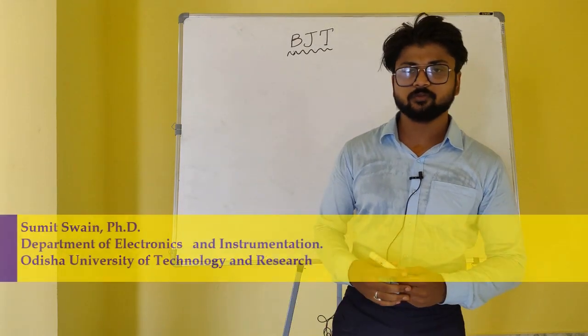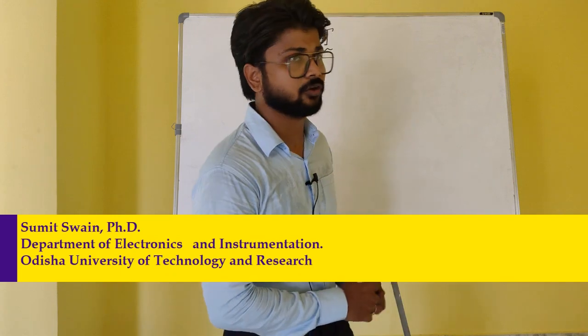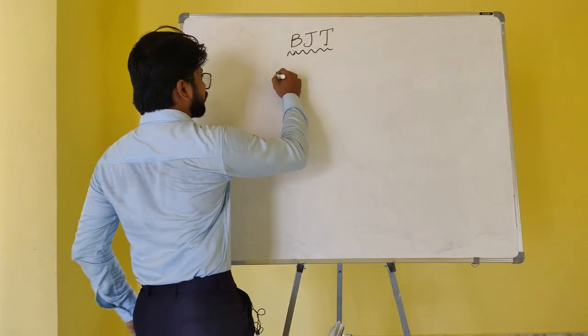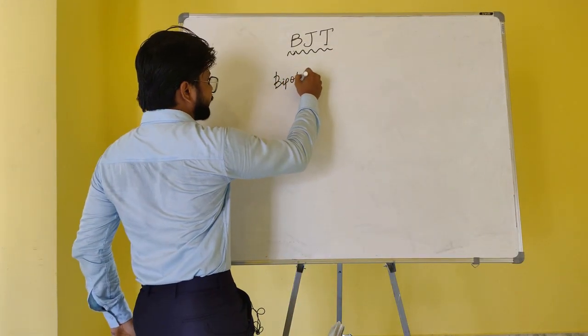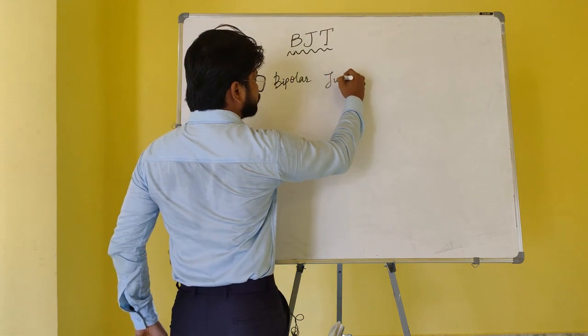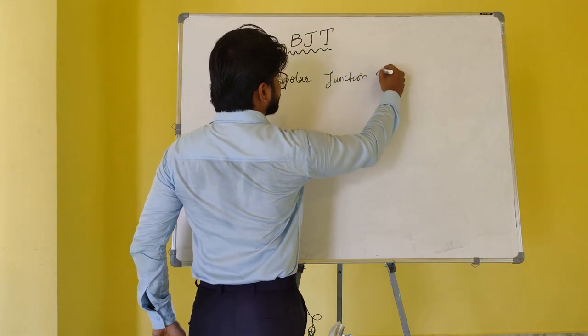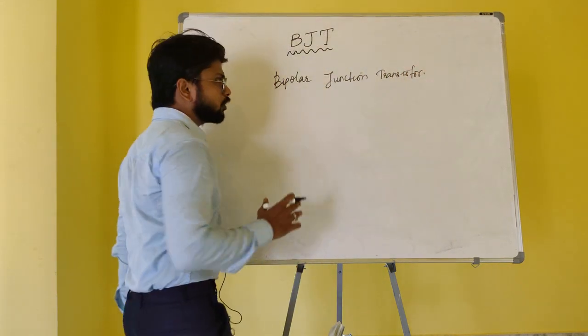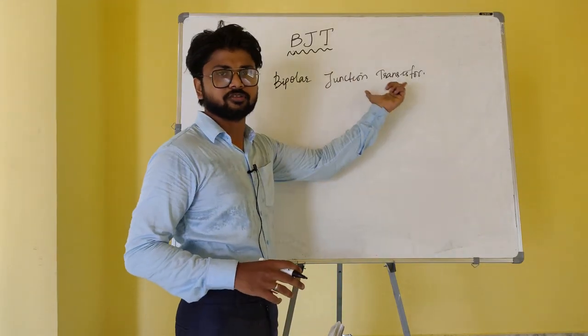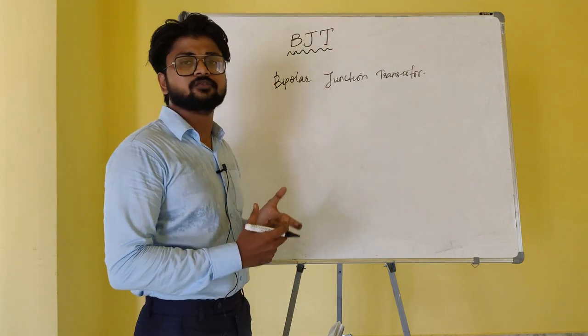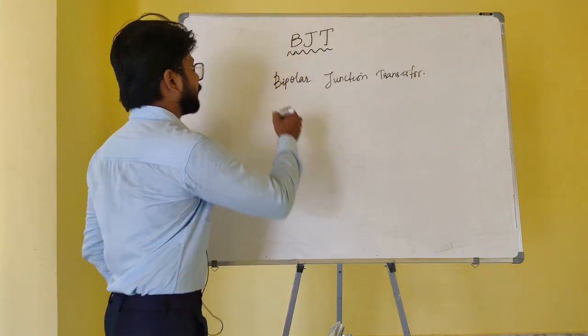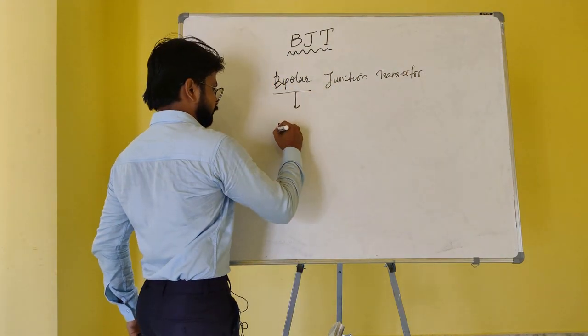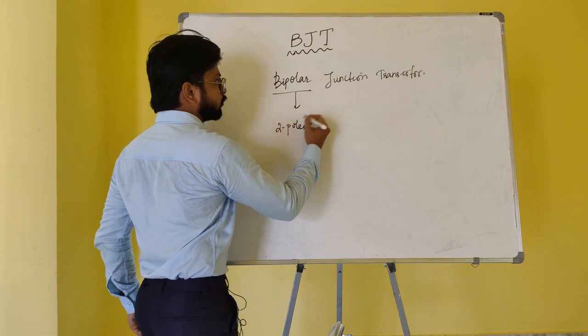So today in this video we will be discussing BJT, which can also be called the bipolar junction transistor. So what is a bipolar junction transistor? Let us go by its name. Bipolar means it has two poles.